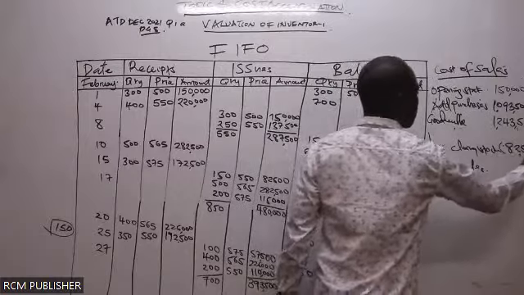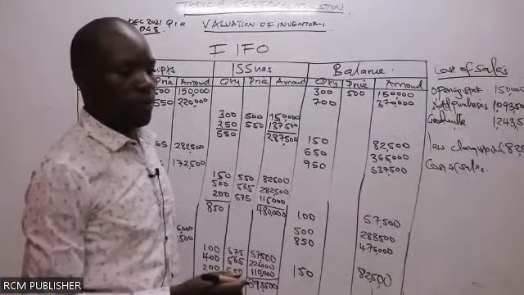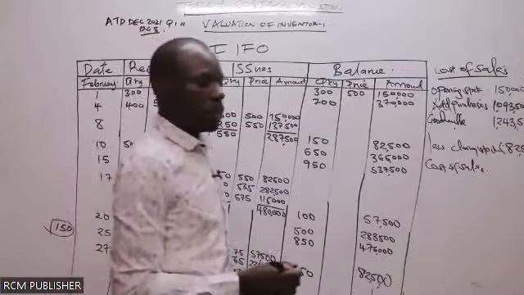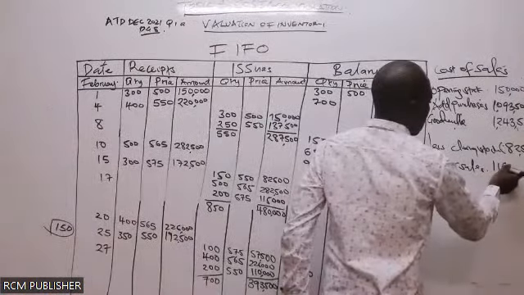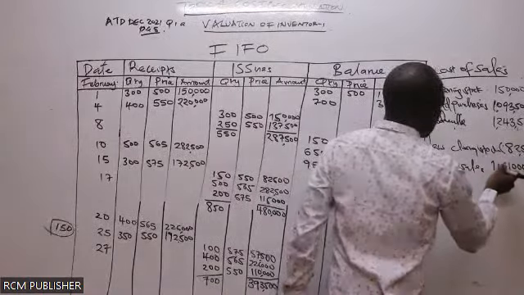So what is the cost of sales? 1,161,000. So that is the cost. That is the cost of sales. Now, because we've been able to calculate cost of sales and our revenue was up here.